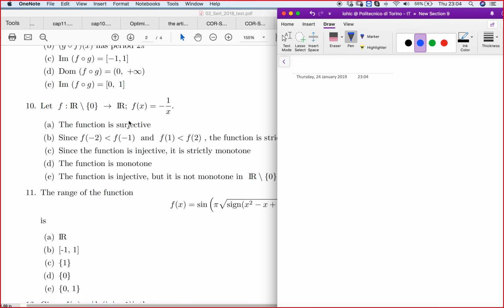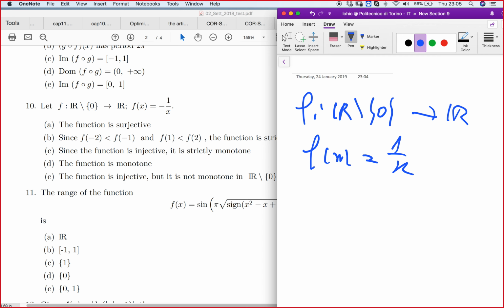The question says: let f go from R except zero to R, f of x equals 1 over x. The function is surjective.